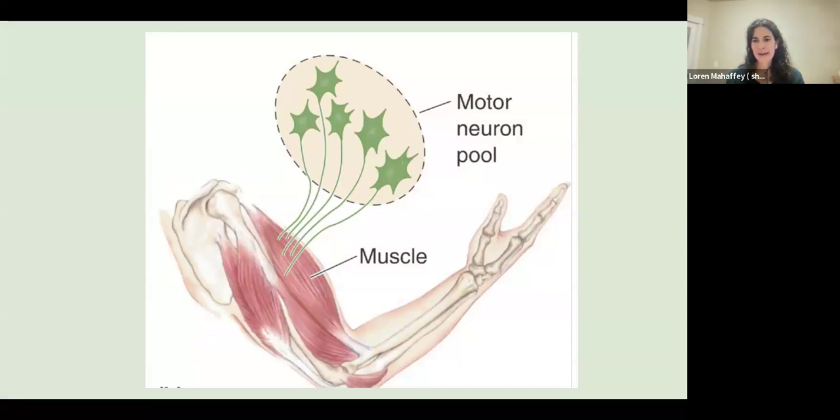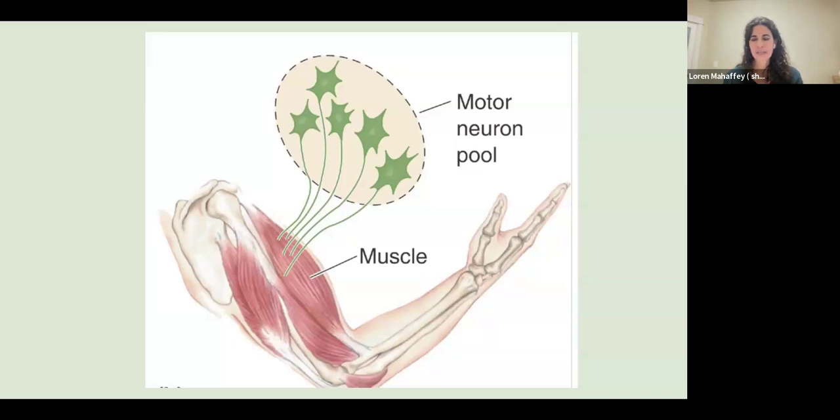We may have certain motor neurons within a single muscle that have an intelligence of being repeatedly activated, and other motor neurons within the same muscle that haven't been as activated or used, and don't have that same brain-body connection.